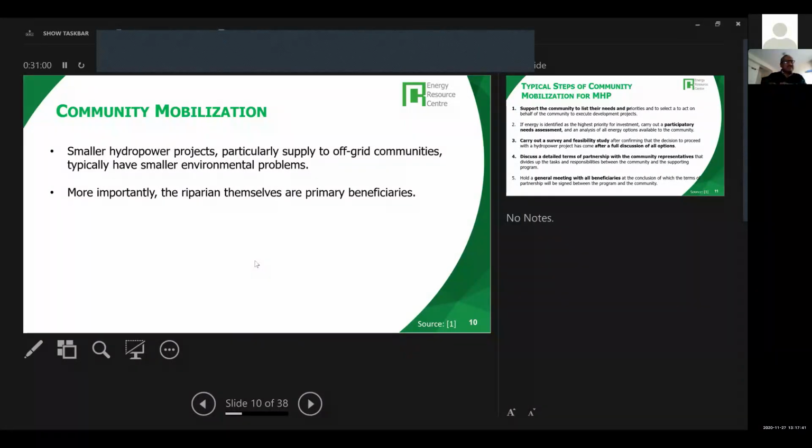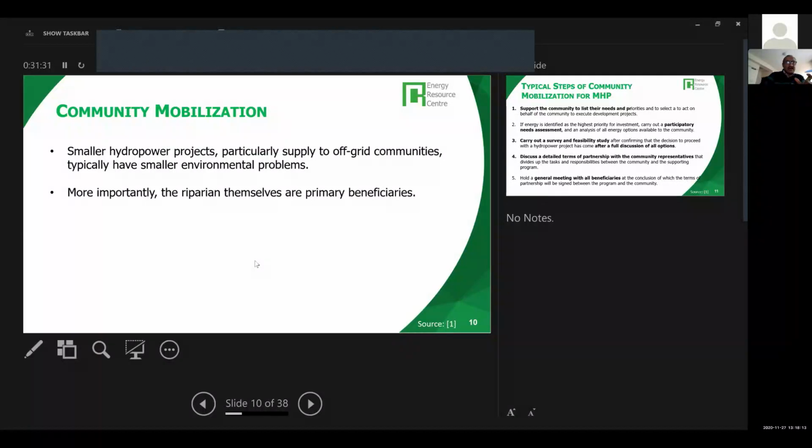They typically have small environmental problems, and because the riparians themselves, the people using the rivers, are the primary beneficiaries of this hydropower project, there is more acceptability.